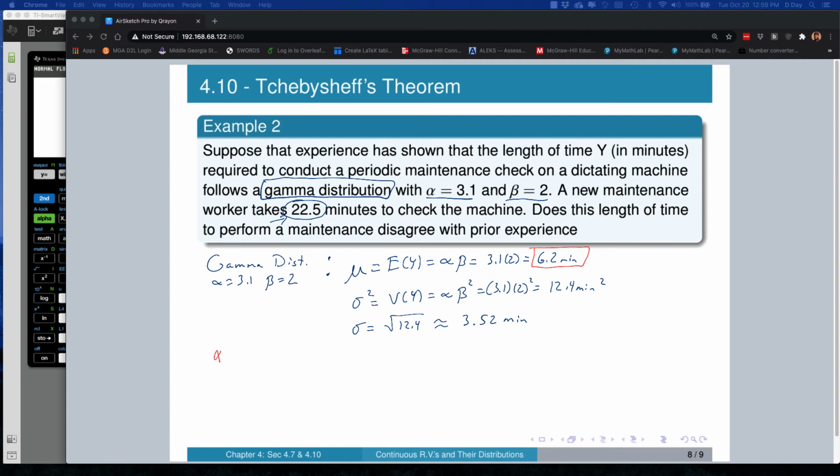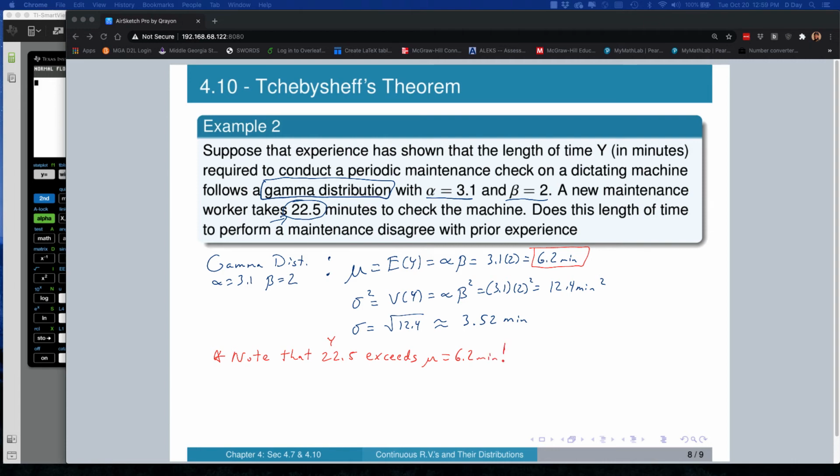So we make a note here. Note that 22.5, which is our y value in this case, exceeds the mean mu of 6.2 minutes.